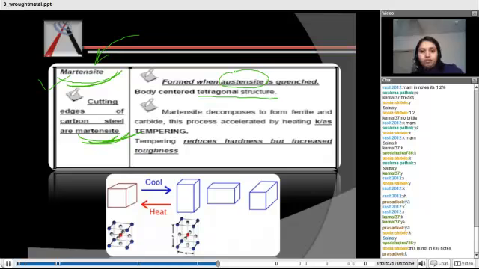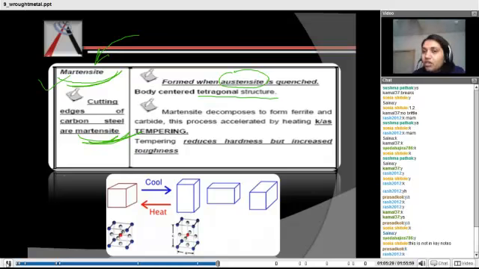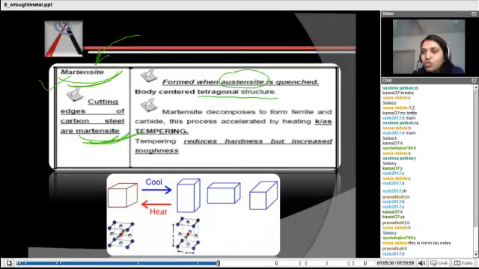Okay, because the edges will fracture if we have them too hard and brittle. They do fracture. Still the carbide edges are quite brittle and hard, you know, they do fracture, but we still have them as martensite. It decomposes to form ferrite and carbide.